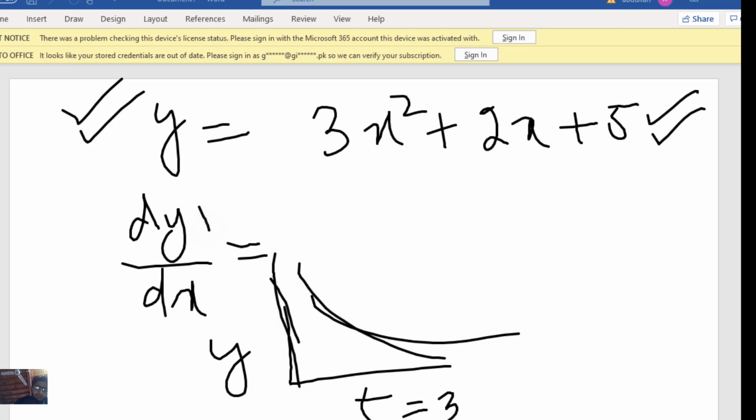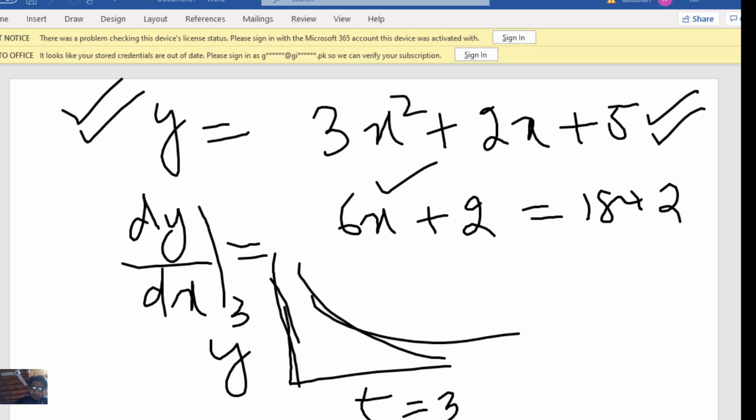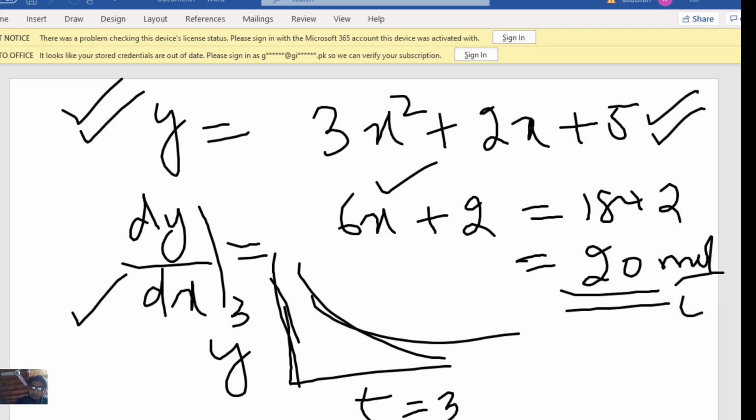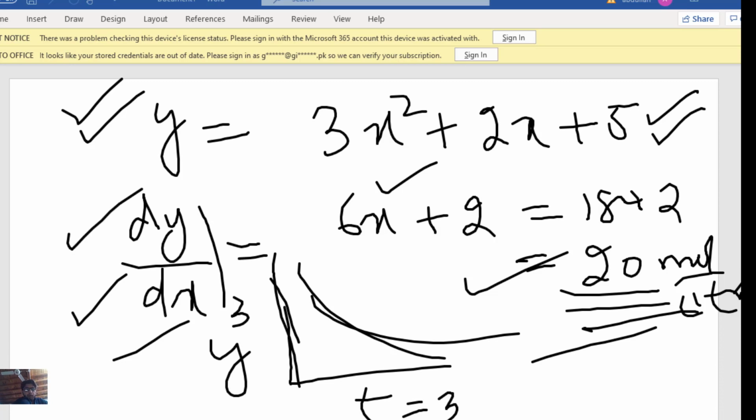The derivative can be 6x plus 2, and at 3 minutes, putting 3 in this, we get 18 plus 2, which is 20 mole per liter per minute. So this is the rate of reaction, called the instantaneous rate of reaction, and it is calculated by the calculus method. Thanks.